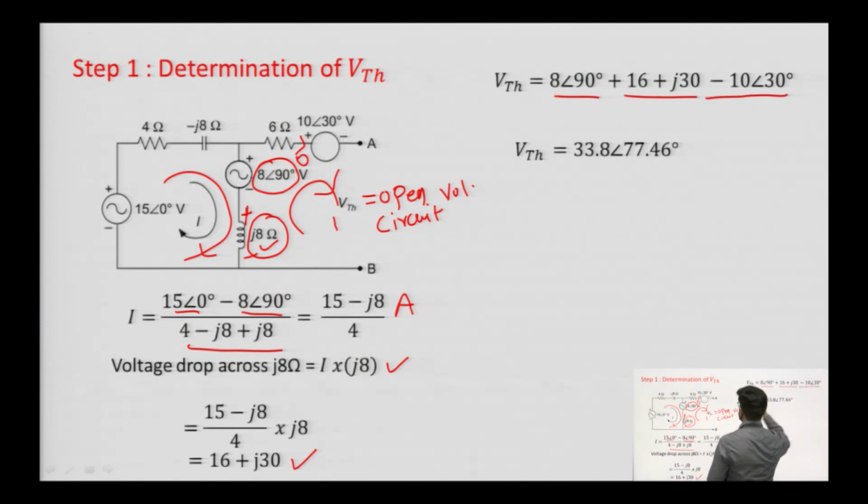So, it will be minus 10 at an angle of 30 degree because it is in the opposite direction. So, we will get VTH as 33.8 at an angle of 77.46 degree.